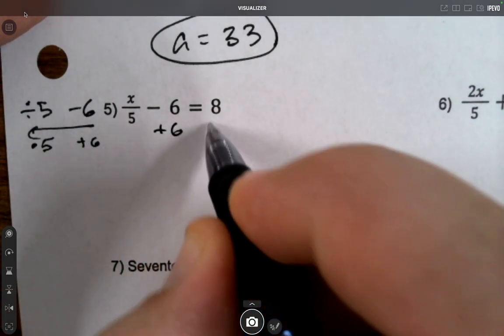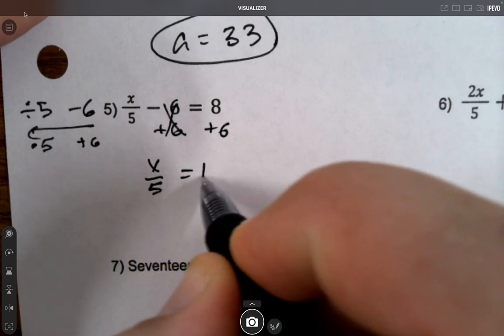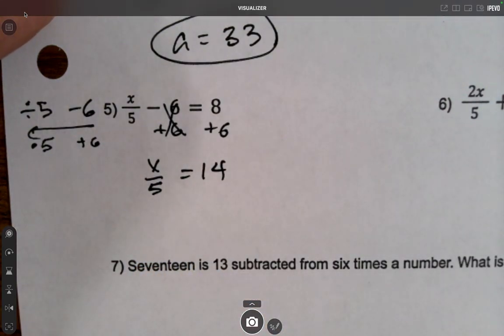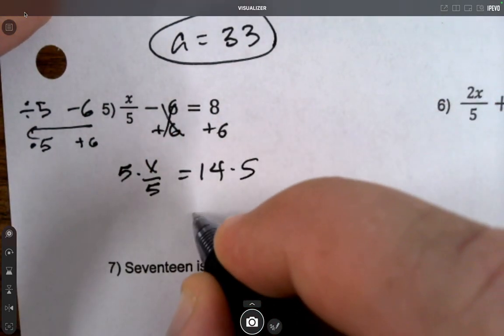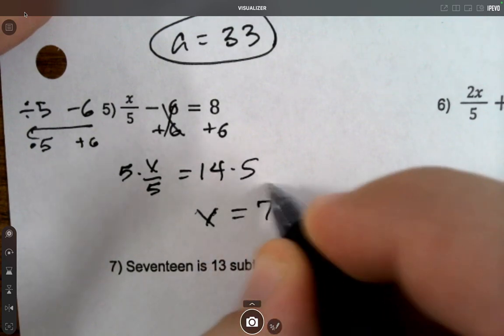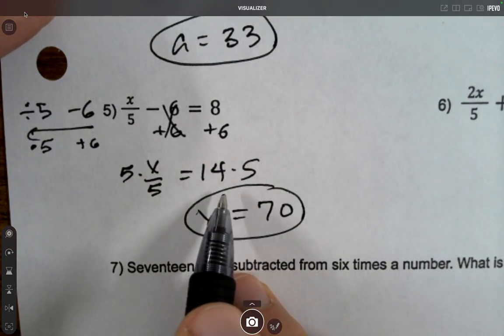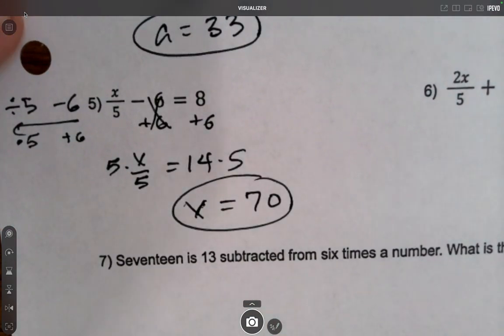So I'm going to move the 6 first by adding 6 to both sides. Then I'll multiply both sides by 5 to do the opposite of the division, and I get x equals 70. Because 5 times 4 is 20, 5 times 10 is 50, 50 and 20 make 70.